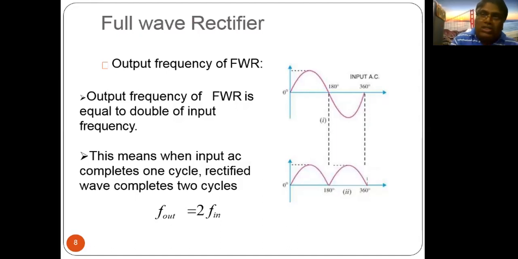Even so, the output still contains some AC component. So how to rectify that problem? How to reduce the ripple factor? That is the main task of rectifiers.